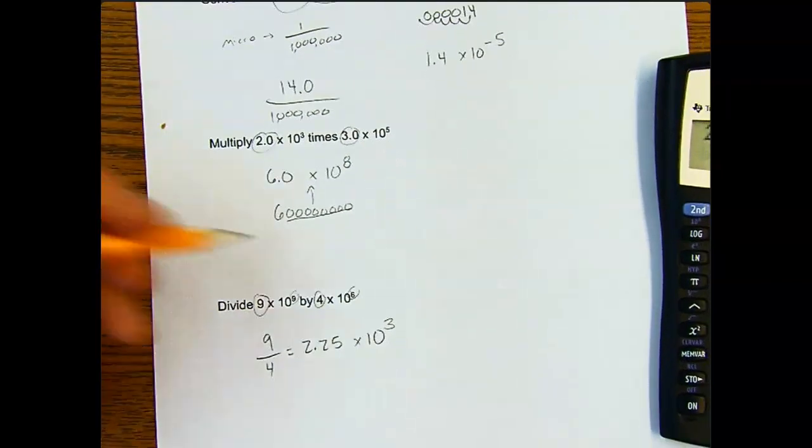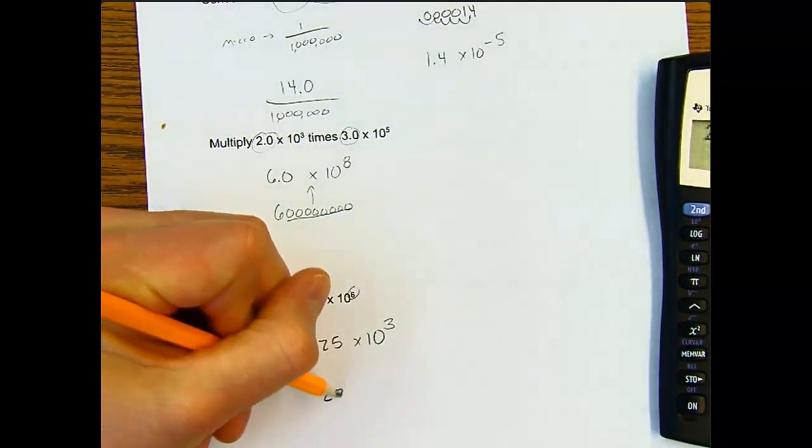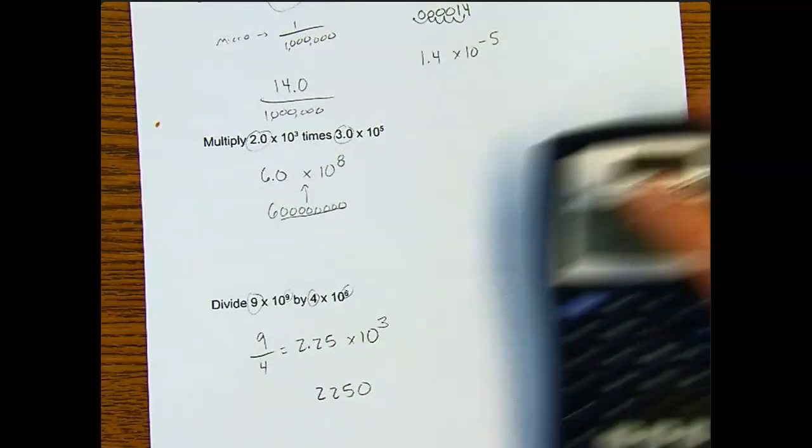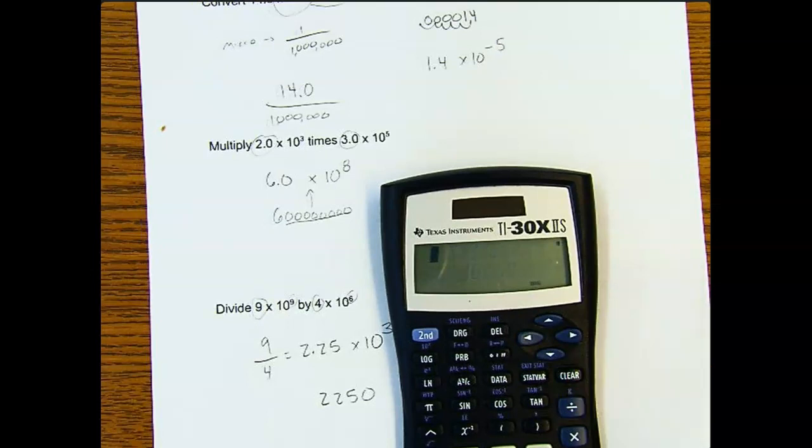And that's it. Another way to say this would be 2250. If I did this in the calculator, if you don't believe me, watch: 9E9 divided by 4E6. There you go. Boom.